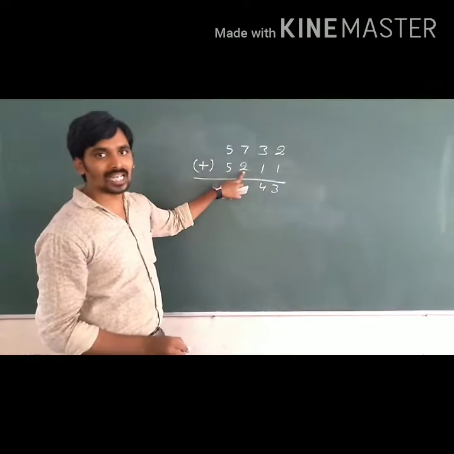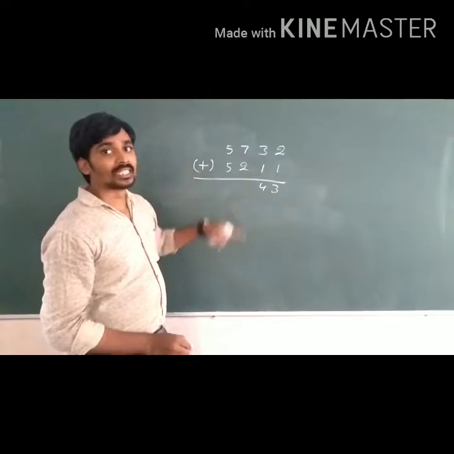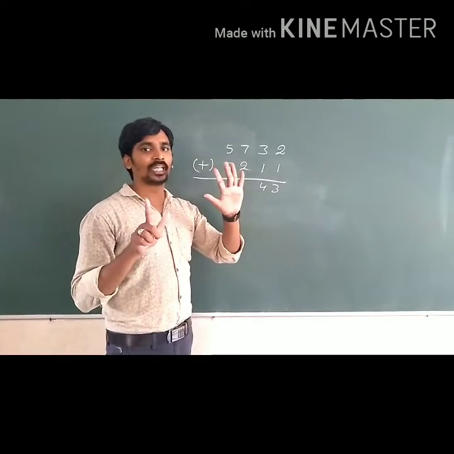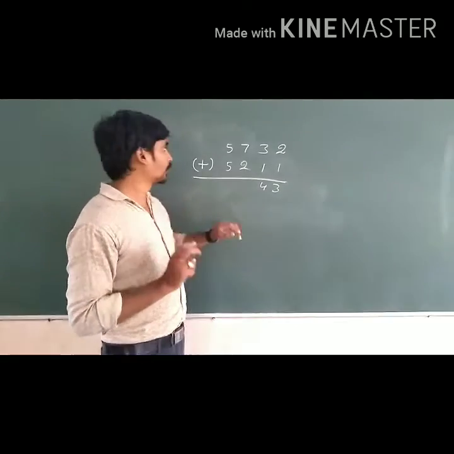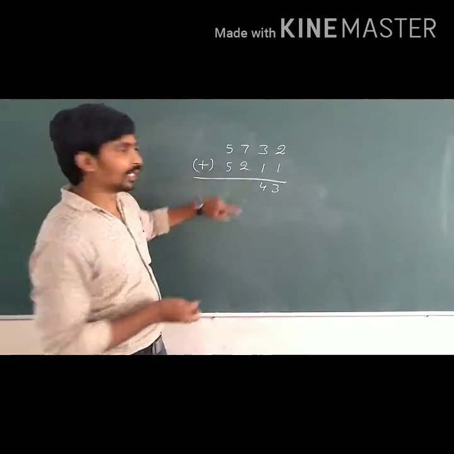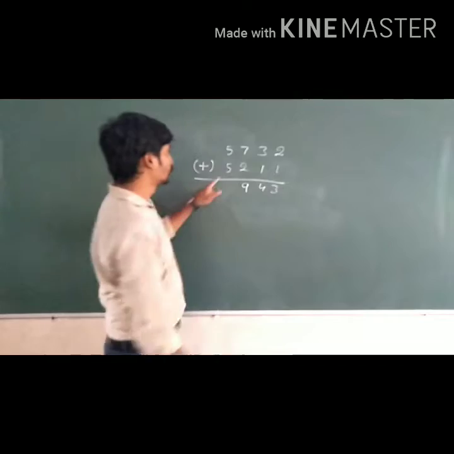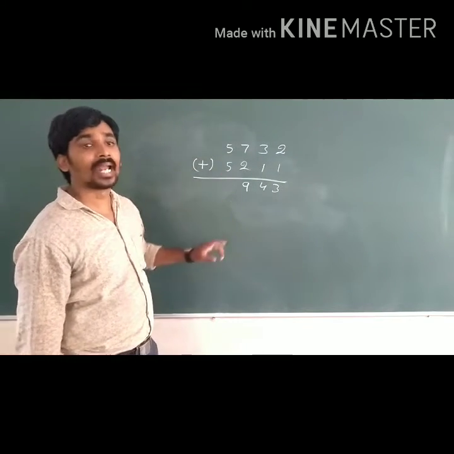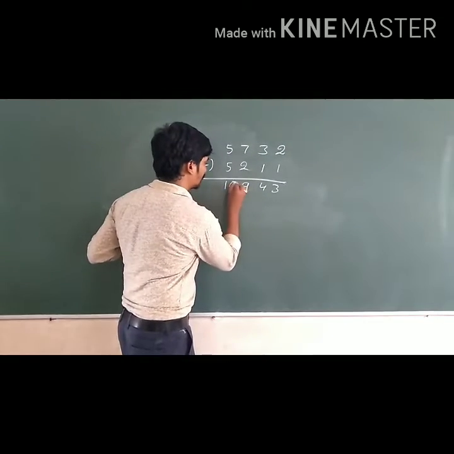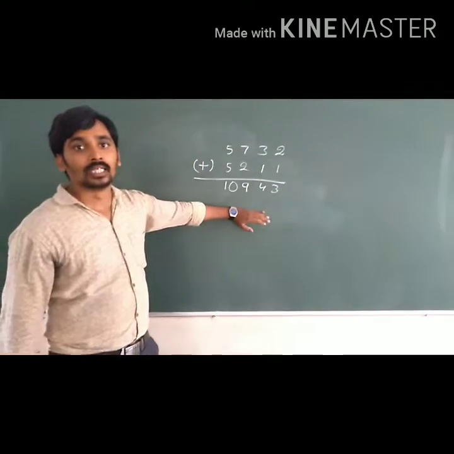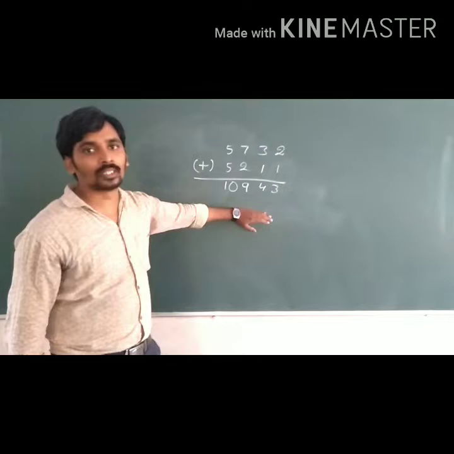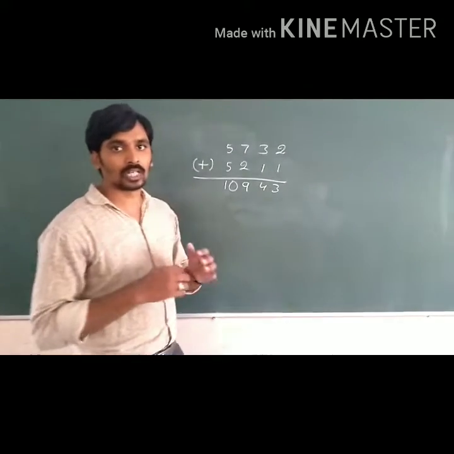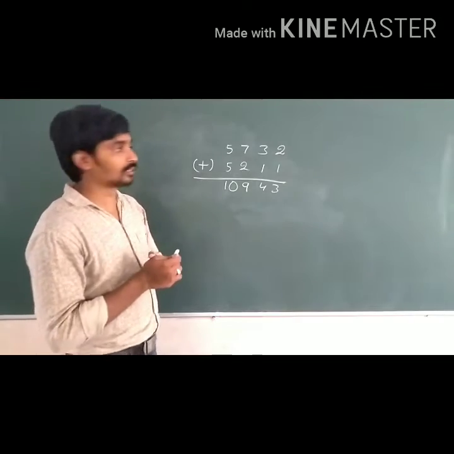And 7 plus 2: you take 7 fingers and again take 2 fingers. Okay? 7 plus 2, 9. 5 plus 5, 10. This type is used for the computer. Solve the sums.